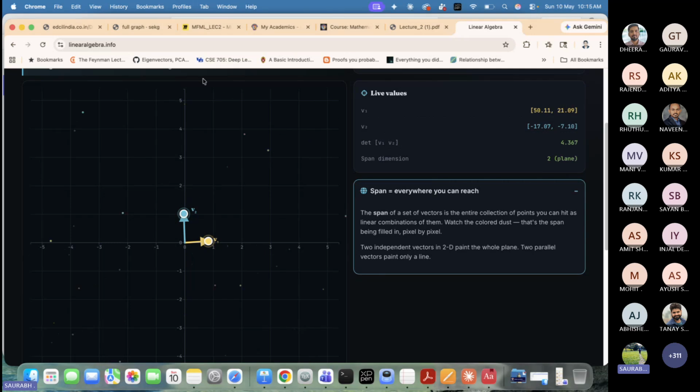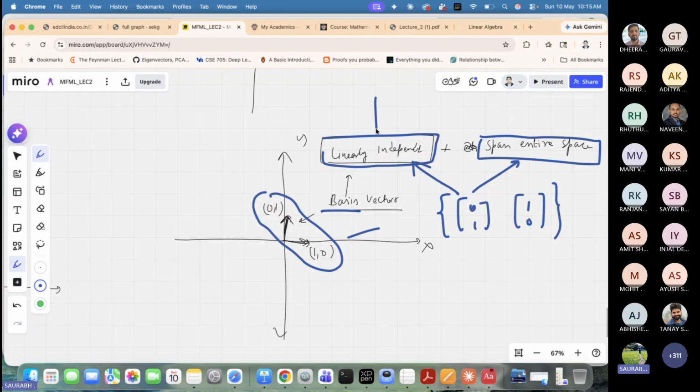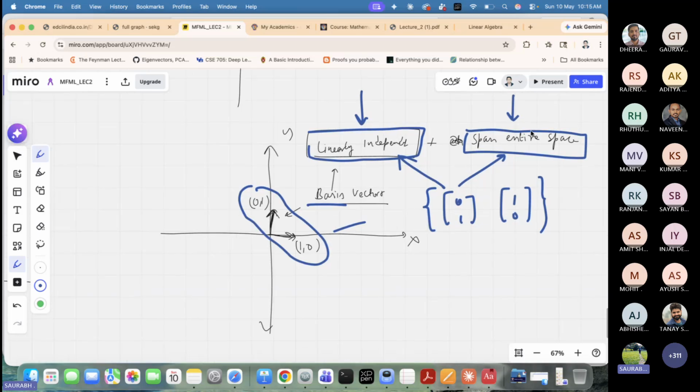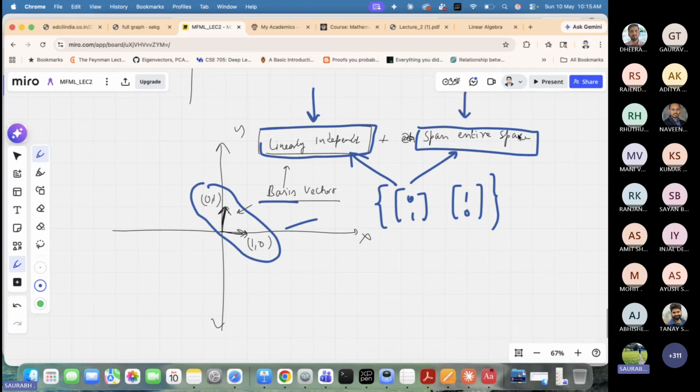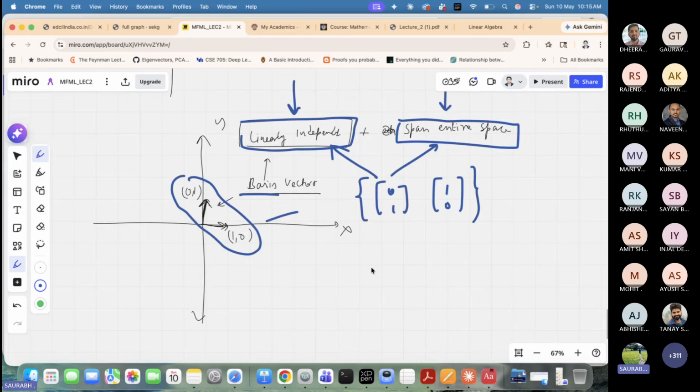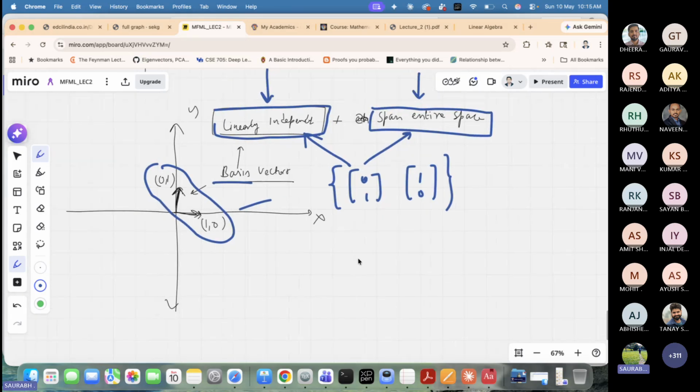That's why, if the vectors are linearly independent, you will mostly be able to span the entire space. But there are chances that the vectors are linearly independent and they cannot span the entire space. Think of this: you have a three-dimensional space.